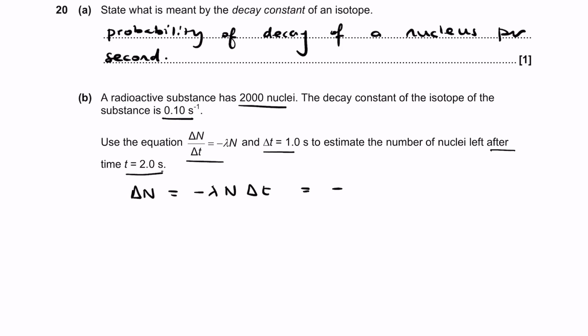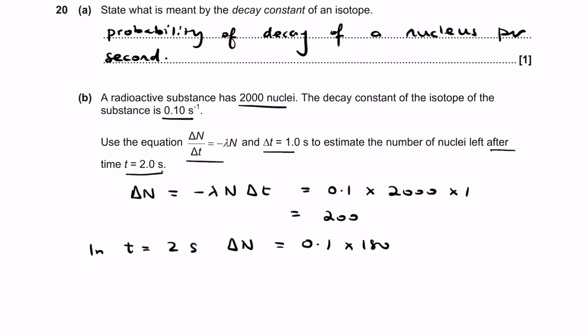We can remove the minus sign because we're just working out the change in number and we know it's a decrease. So 0.1 times 2000 times 1, which is 200. So at t equals 2 seconds, you're left with 1800 nuclei. So delta N now will be 0.1 times 1800 times 1, which is 180.